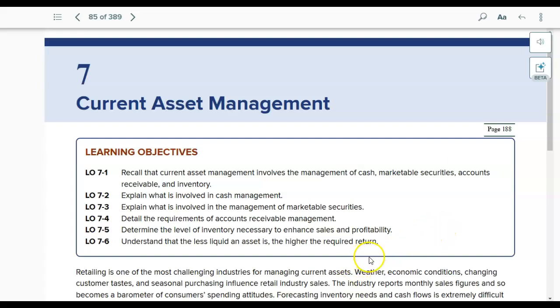I think those are the key topics. I think you'll find these chapters interesting if you're going into finance as a career. These are really important bedrock, foundational things that you're learning in these 2 chapters, plus the one from next week.